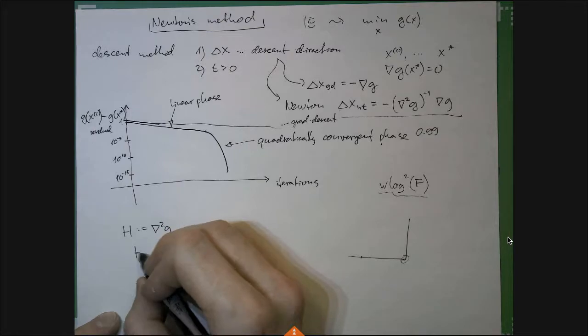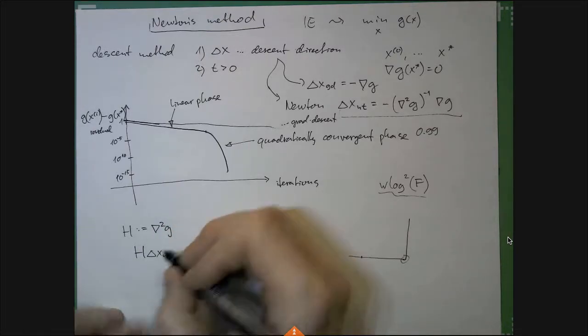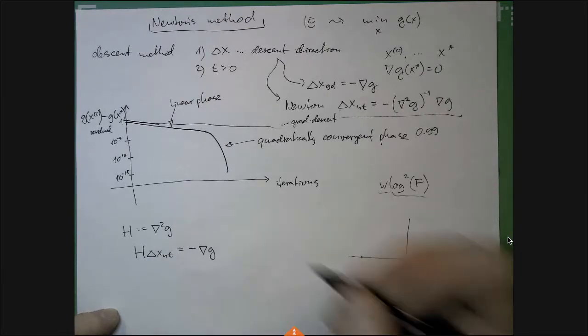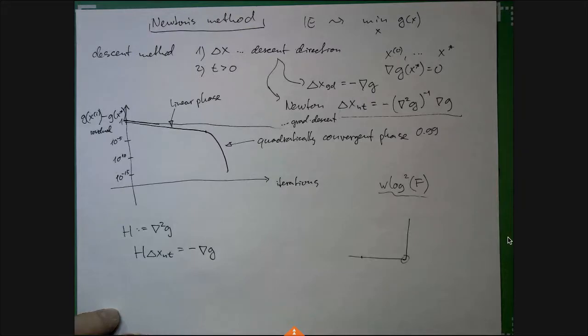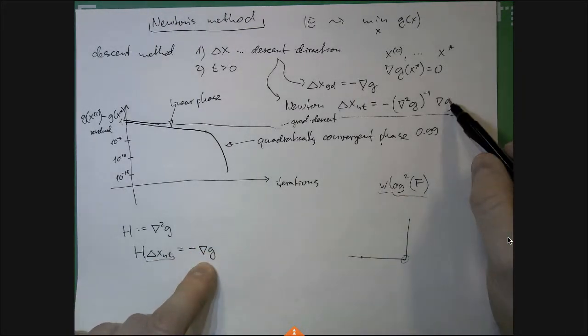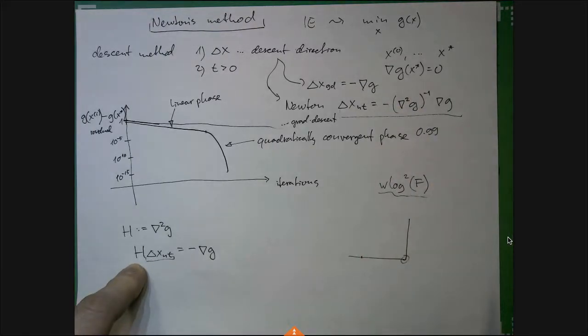And what you want to be doing is solving this system. So the x and t is the unknown, and you want to be solving this system of linear equations. This is the unknown. This is the gradient, right? That's what we have here. And H is the Hessian, which is a sparse symmetric matrix.